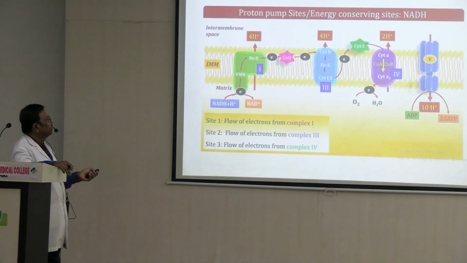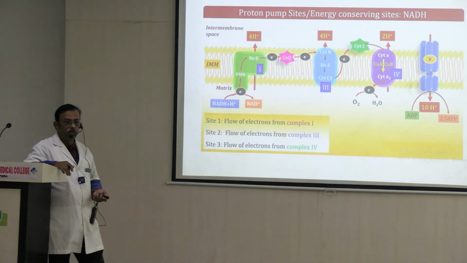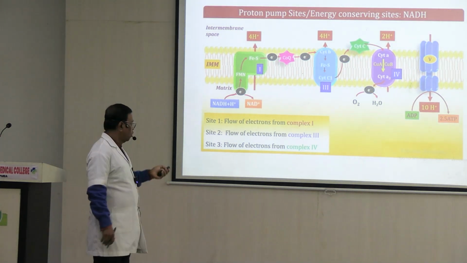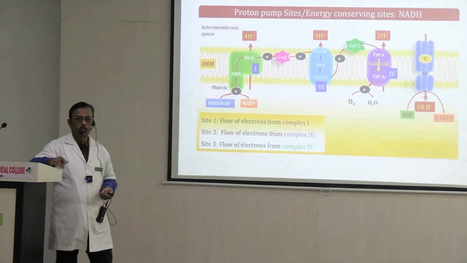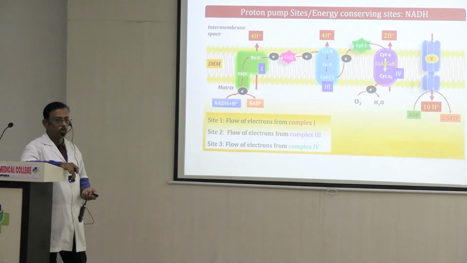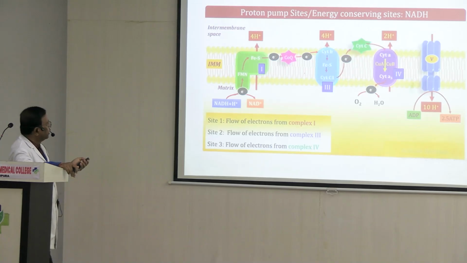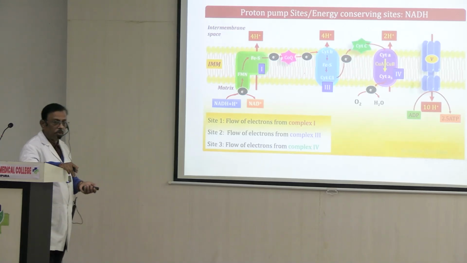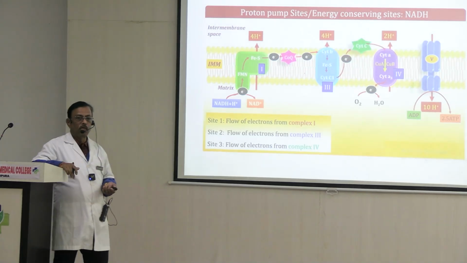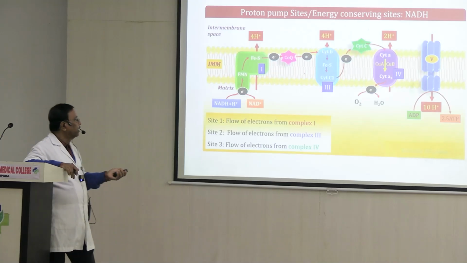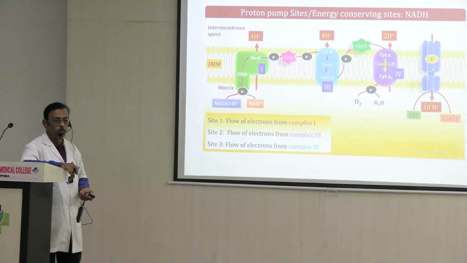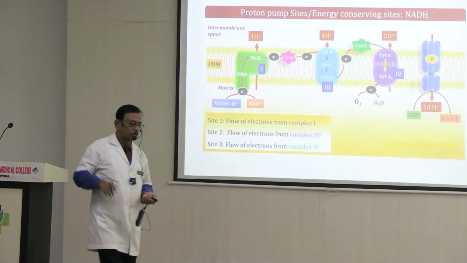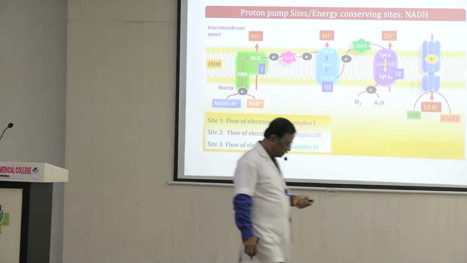So, complex 3 is capable of pumping 4 protons, and complex 4 is capable of pumping 2 protons. So, in case of NADH, it is 10 protons that are translocated into the intermembrane space, and in case of FADH2, it is 6 protons which are translocated into the intermembrane space.